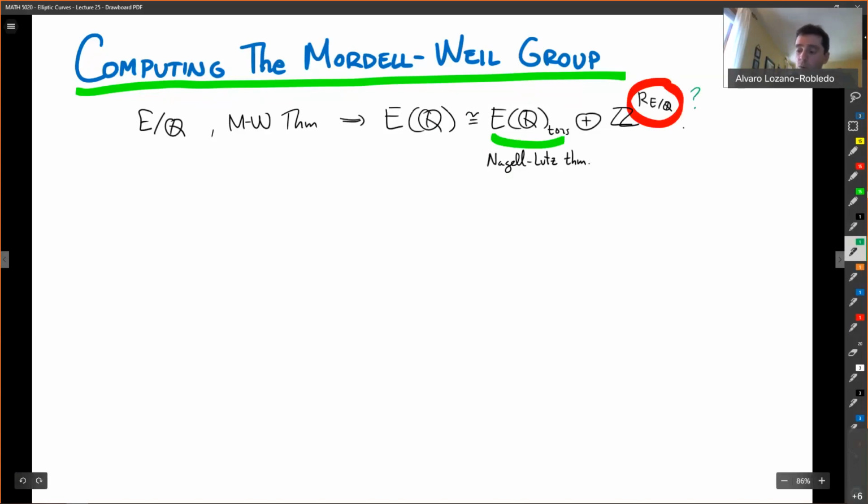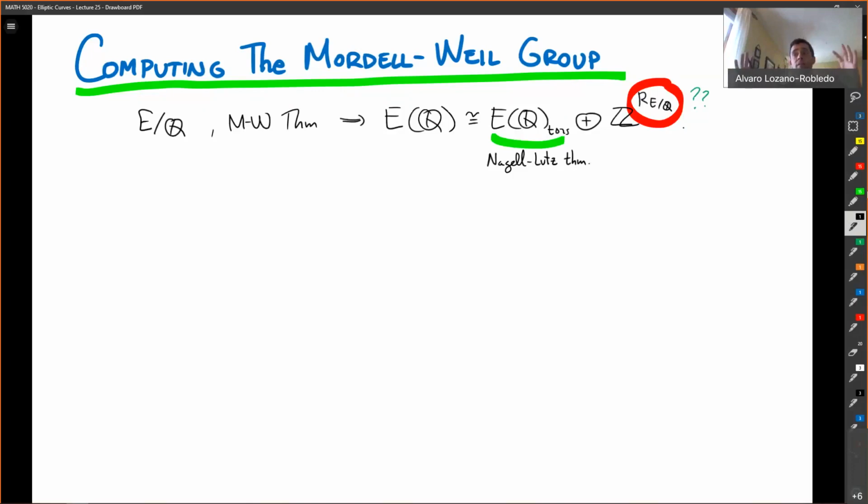Okay, so we want to compute the rank and we want to find those generators somehow. So what we're going to do is, for the time being, last time we talked about canonical heights, and what we explained at the end of the last video was that if I have R points that are linearly independent, then it's a finite computation to find a Z-linear basis of the Mordell-Weil group.